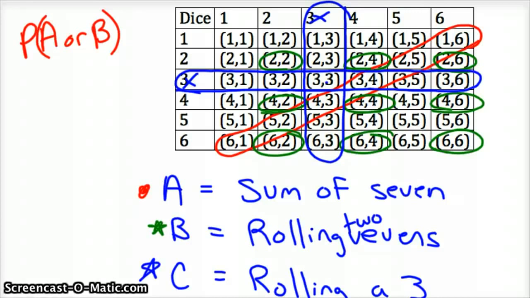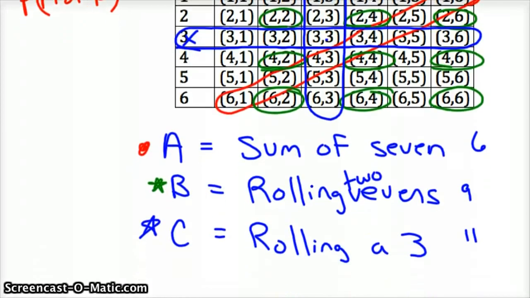So we've only got 1, 2, 3, 4, 5, 6, 7, 8, 9, 10, 11 of those. So there's 11 of those, 9 here, and a sum of 7, you've got 1, 2, 3, 4, 5, 6 of those. And there's 36 possible combinations.